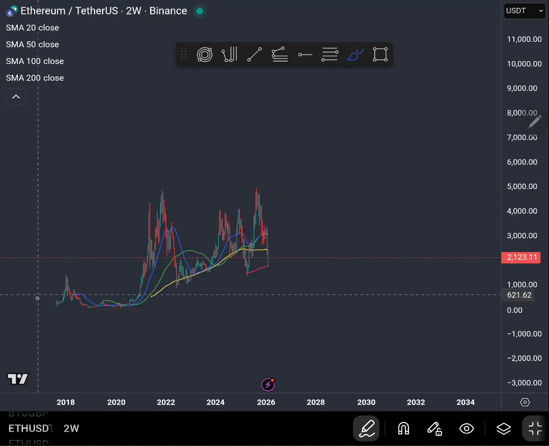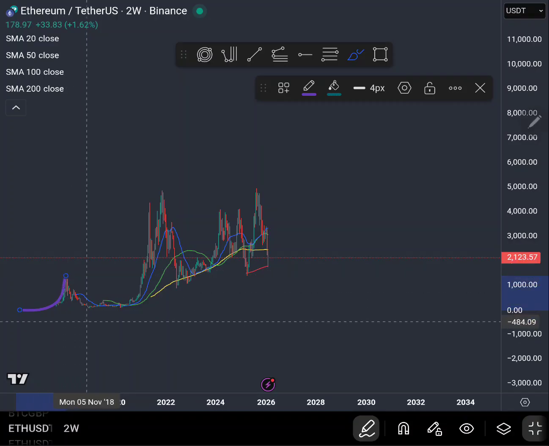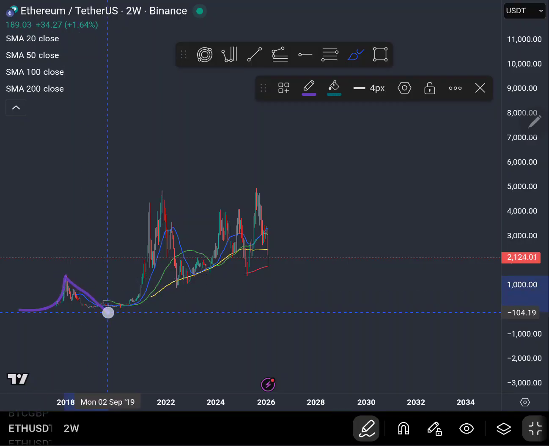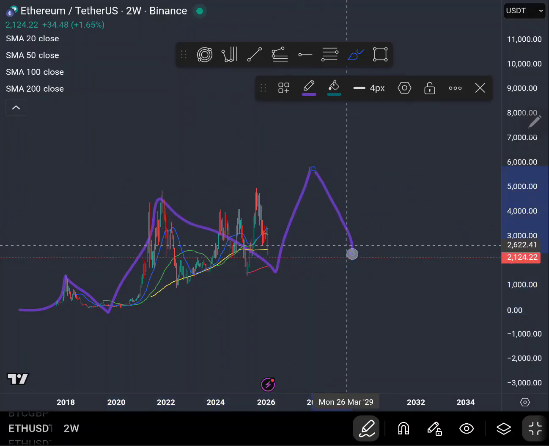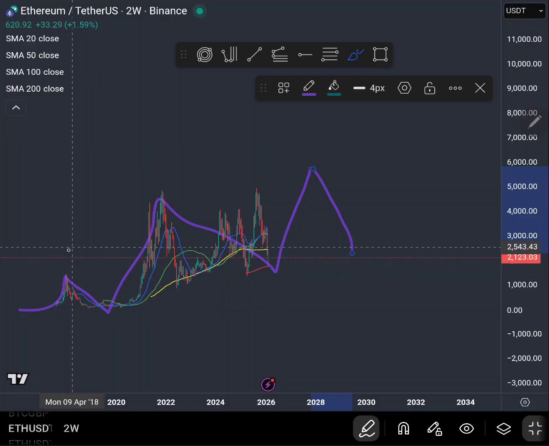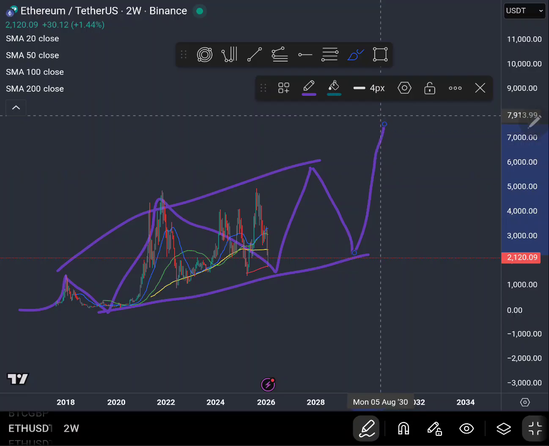You could call this wave one, and this is a complex wave two, a crazy looking wave two as well. You could call that an A, and then another A, B, C, something like that, and then it'll probably move down again. So you basically get this crazy looking correction, and then probably it'll take off. I think really it's better to be in Bitcoin right now rather than Ethereum.